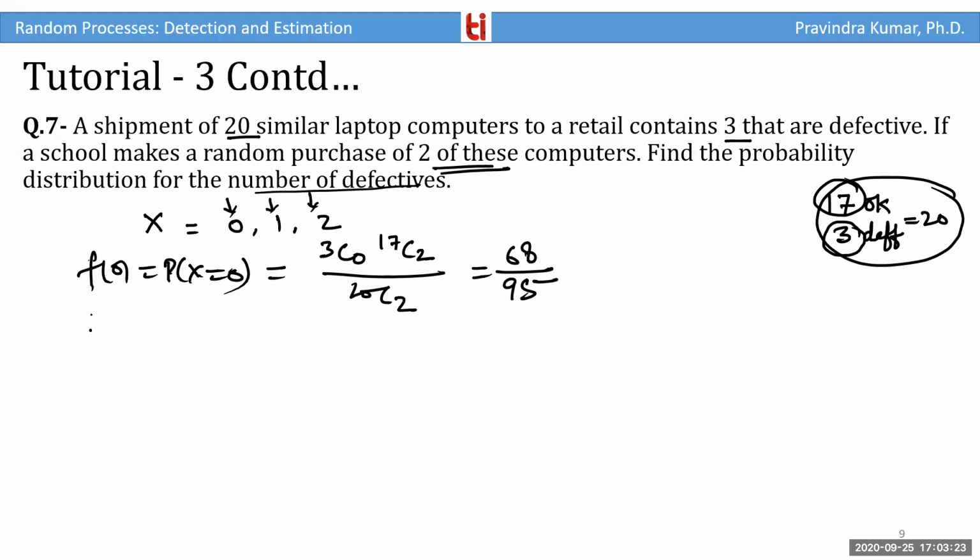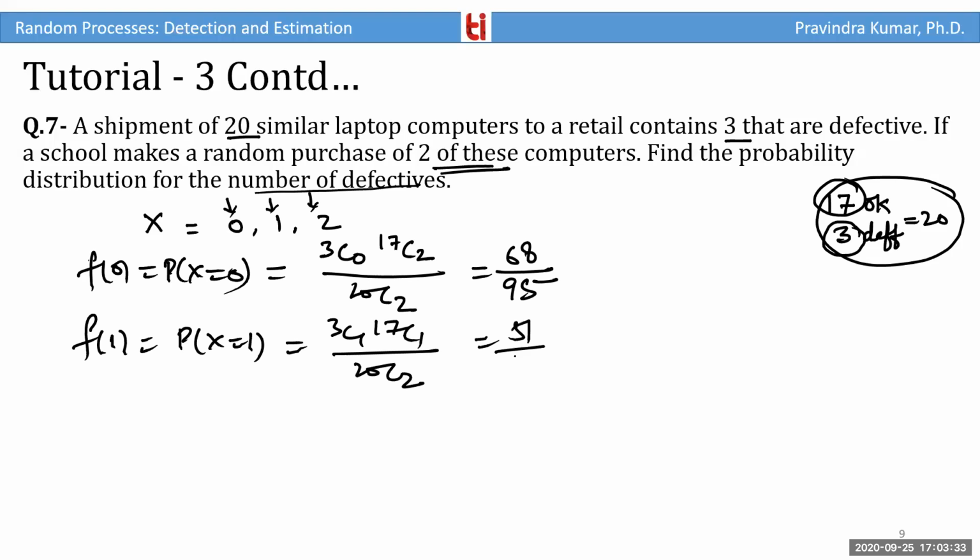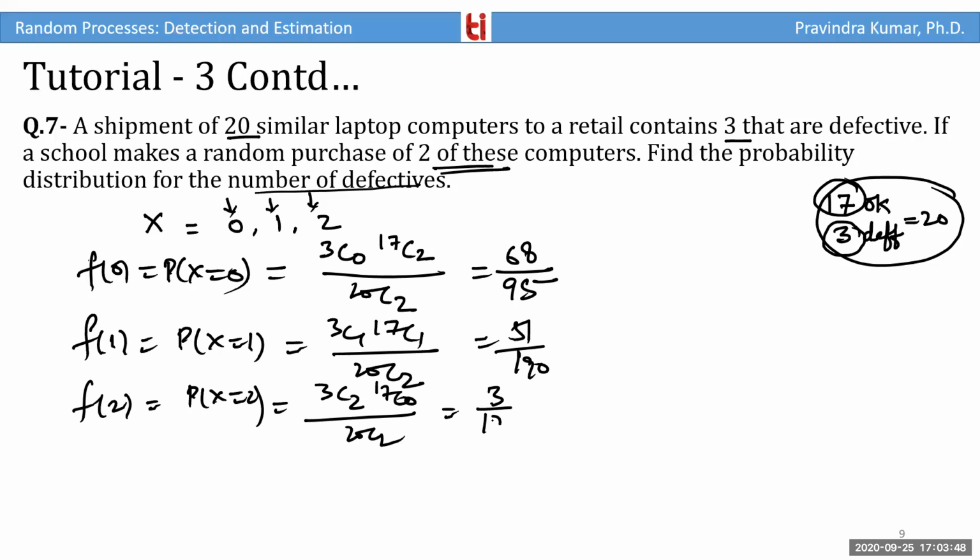So it is 68/95, and f(1), the probability at x is equal to 1, is 3C1 times 17C1 over 20C2, so it is 51/190. And f(2), the probability at x is equal to 2, is 3C2 times 17C0 over 20C2, so it will be 3/190.